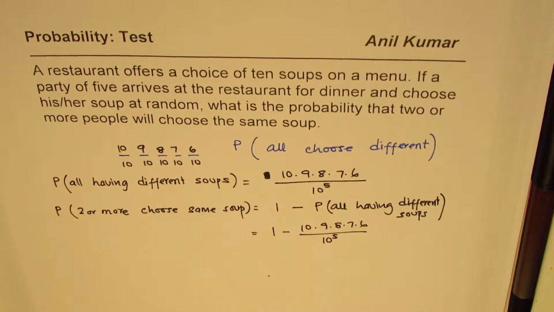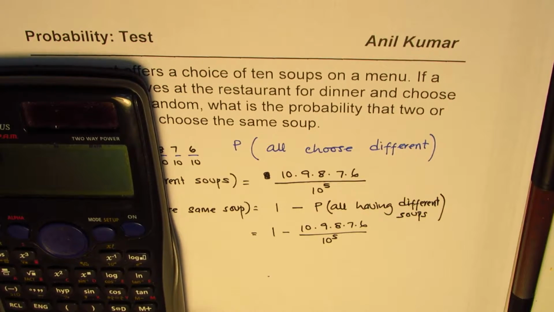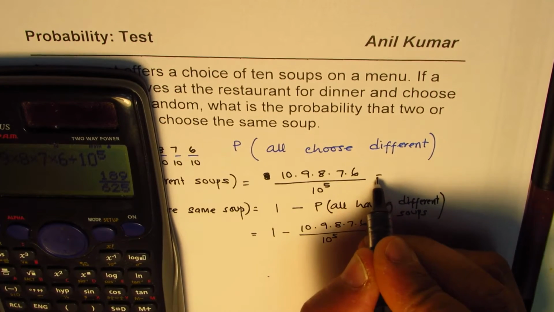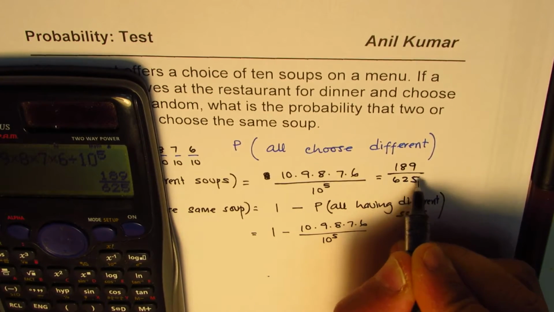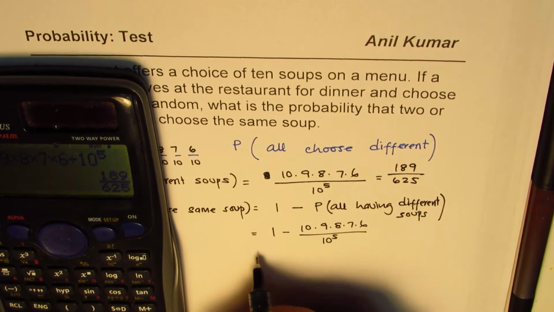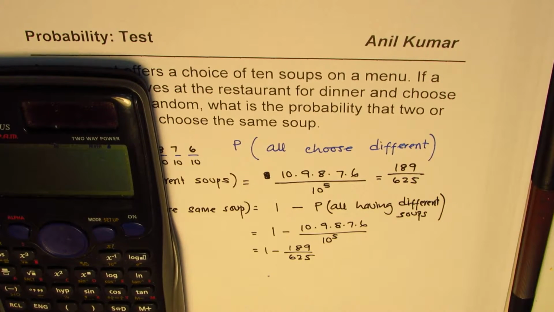So let's first calculate that figure. 10 times 9 times 8 times 7 times 6 divided by 10 to the power of 5 gives us 189 over 625 in simplified form. So this is 1 minus 189 over 625.